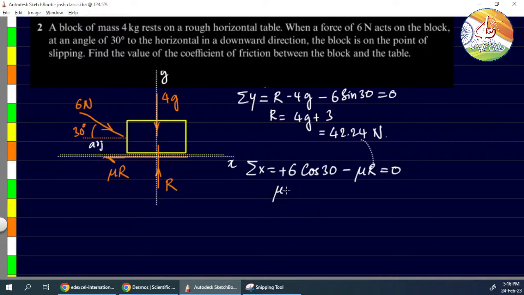We will get mu as 6 cos 30 divided by r.